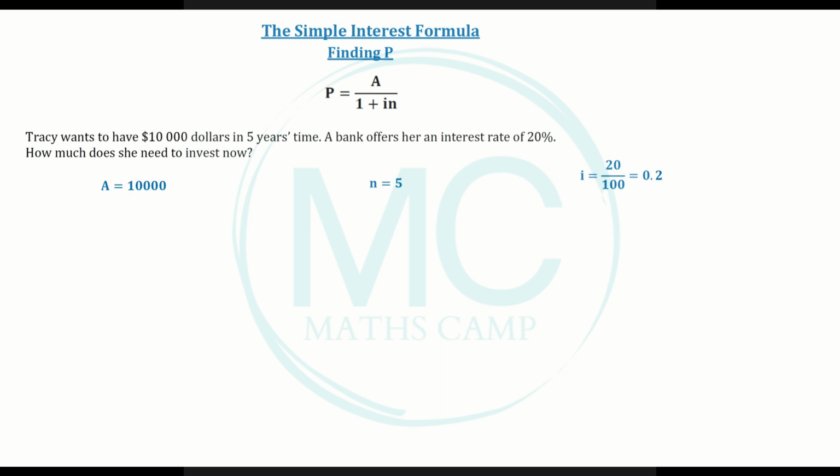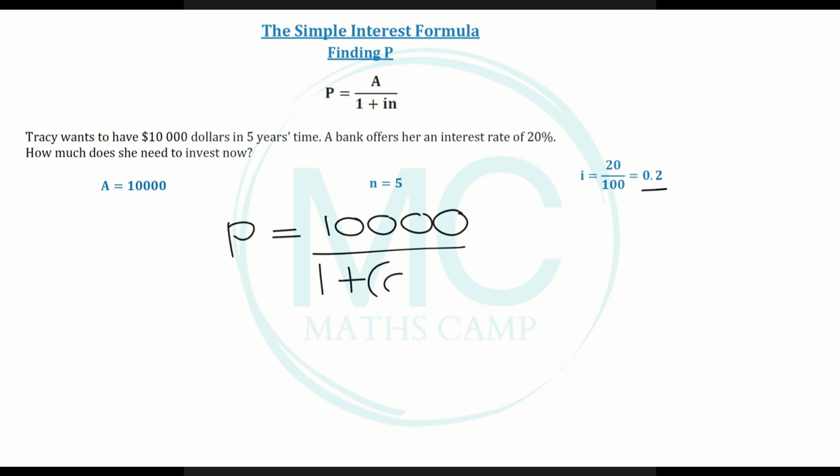Now that we have these values, we can put them into the formula. So we say P is equal to the value of A, 10,000, over 1 plus the value of I, 0,2, multiplied by the value of N, which is 5.